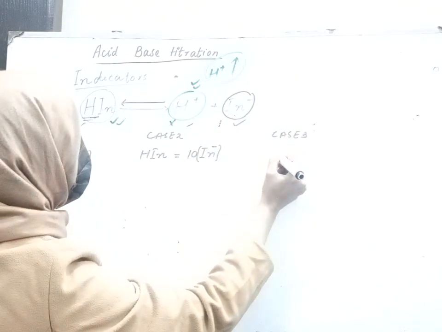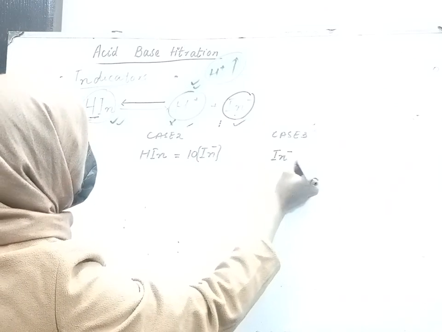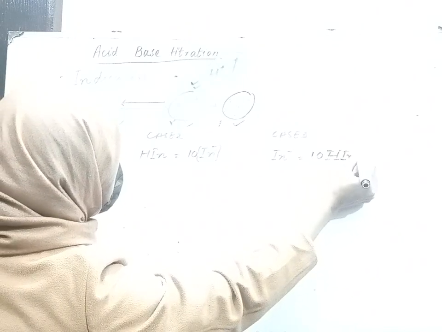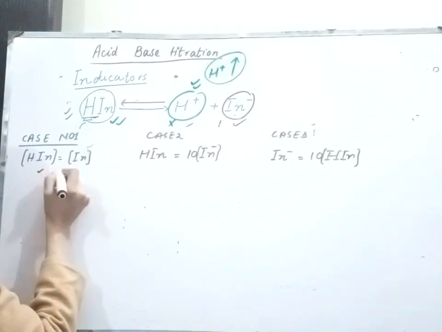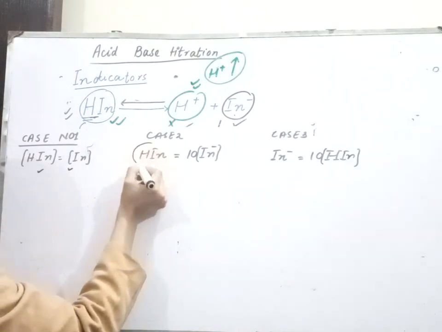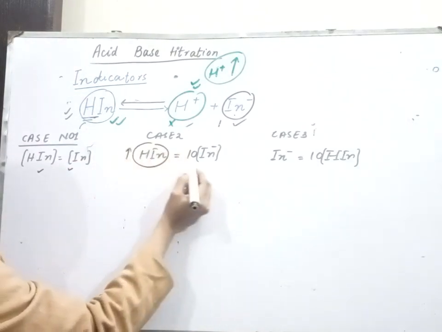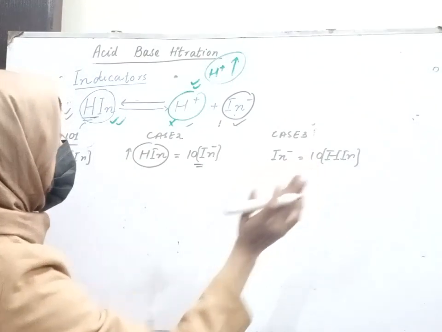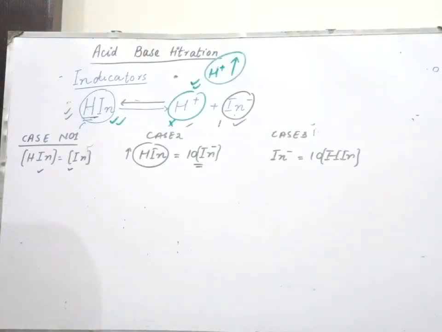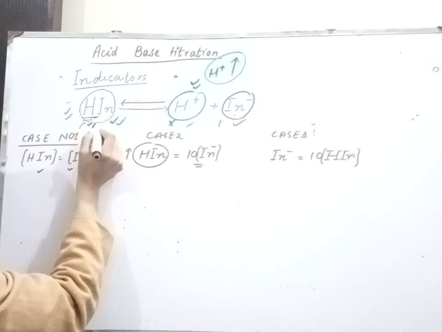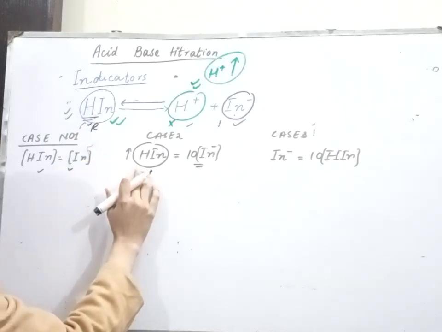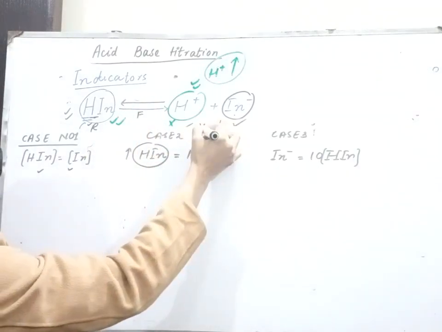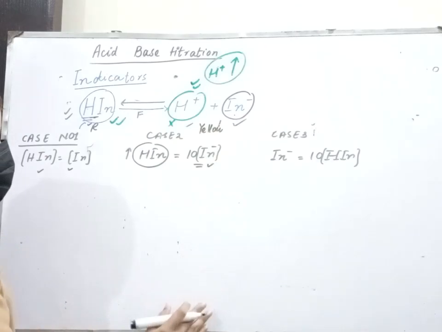And the third case is, the In concentration will be 10 times greater than the HIn concentration. First case, they both are equal. In the second case, HIn is greater in concentration than In negative. And the third, as I have told you, what is HIn? It is a reactant. When the reactant concentration increases, the reaction will move in the forward direction and the yellow color predominates.